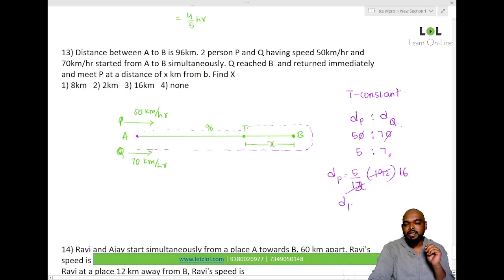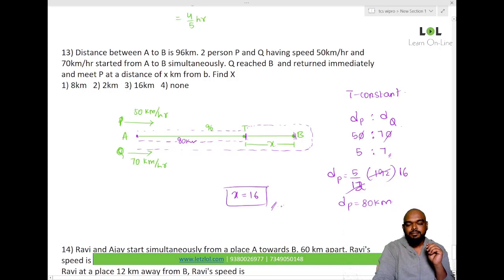So distance covered by P is 16 into 5, 80 kilometers. So now we got to know this part is 80 kilometers. Here to here it is 80 kilometers. Then what will be this part? Out of 96, A to T is 80 means T to B will be the extra. 96 minus 80, that is 16 kilometers.